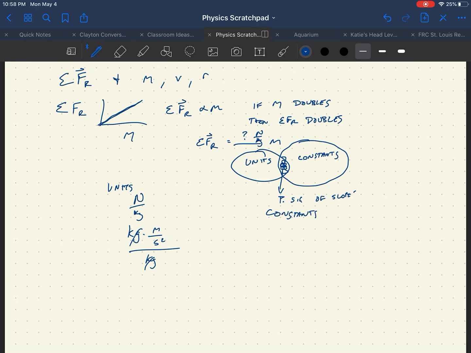what do we hold constant in the experiment? Well, if we change the mass, we had to keep the speed and the radius constant. The speed units are meters per second. Radius units are meters. And to get to meters per second squared, well, we only have seconds in the bottom here, so that means we need to square the speed.